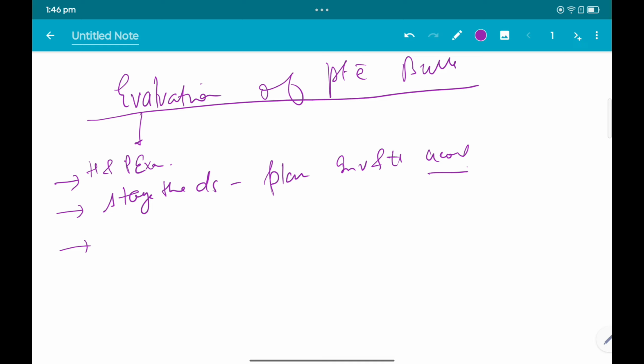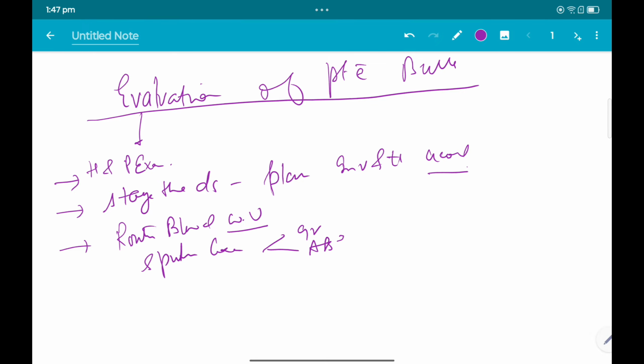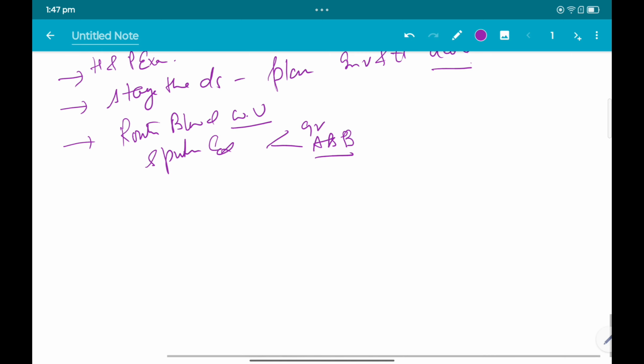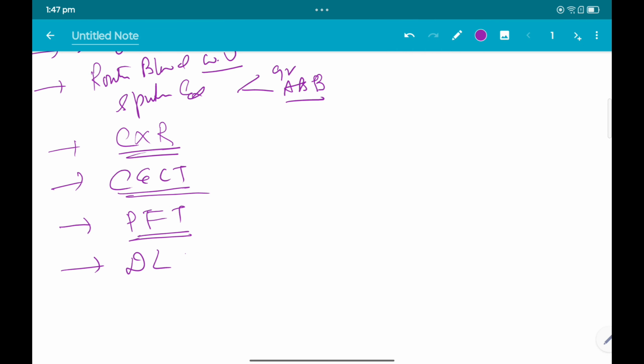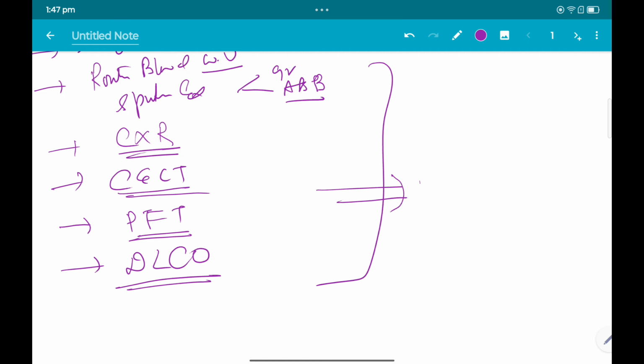We will be doing routine blood workup, sputum examination, gram stain, AFB, chest X-ray, CECT, pulmonary function testing, DLCO studies. At least this number of tests are mandatory for evaluating a patient.